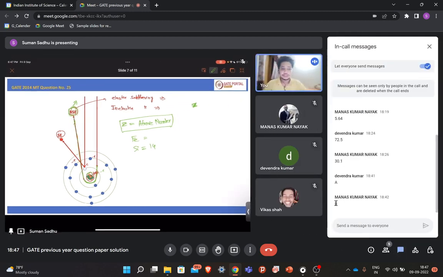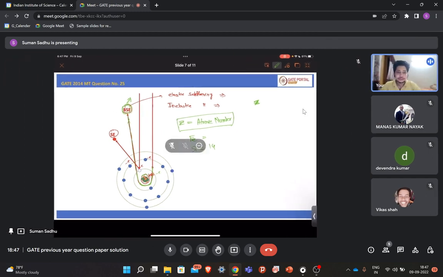I think Manas, right? Okay. So BSE will give an idea of which element, but how much, it cannot tell us. BSE electrons give you the Z contrast.